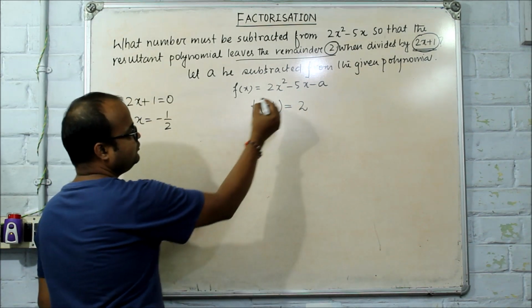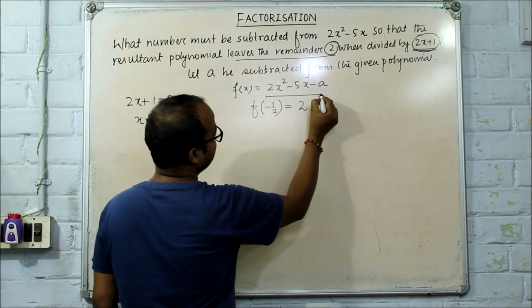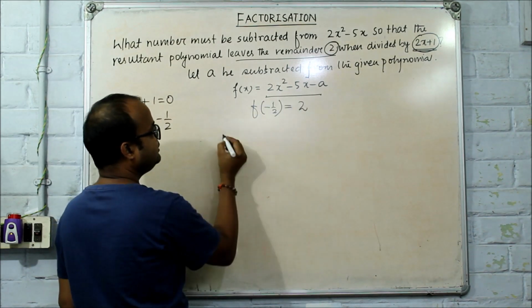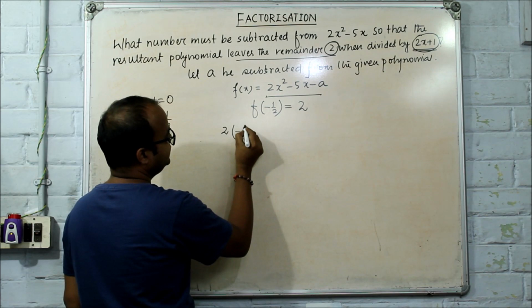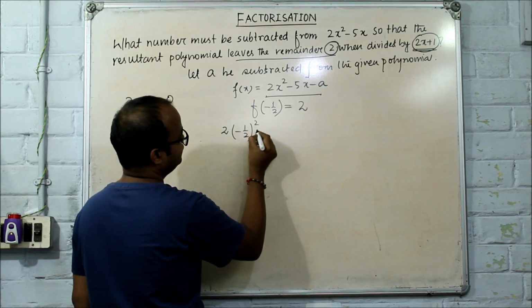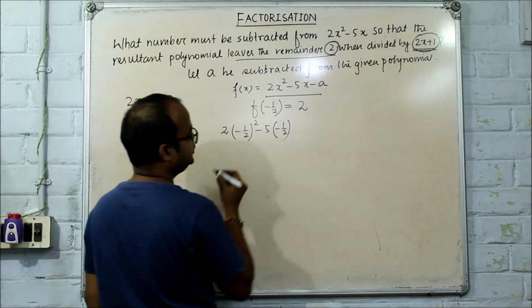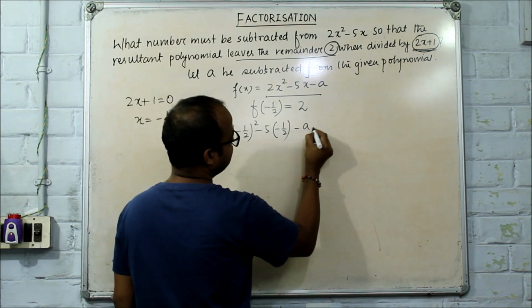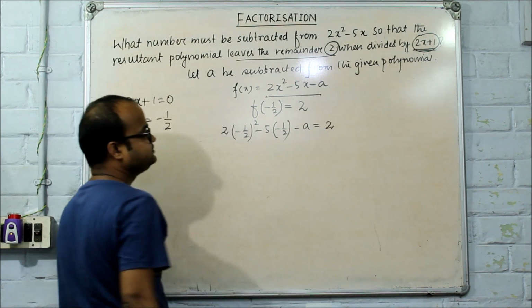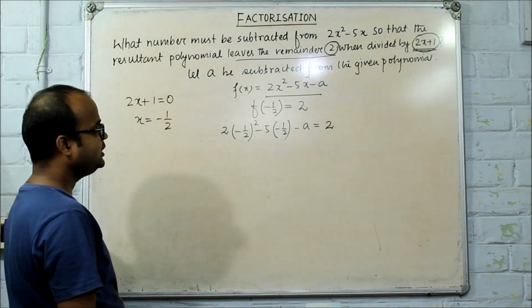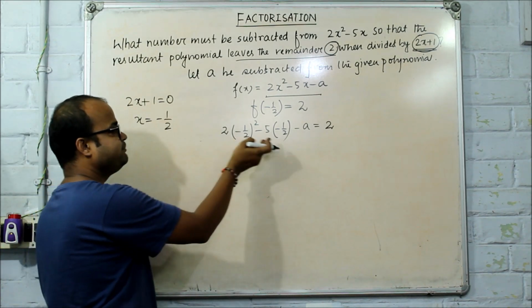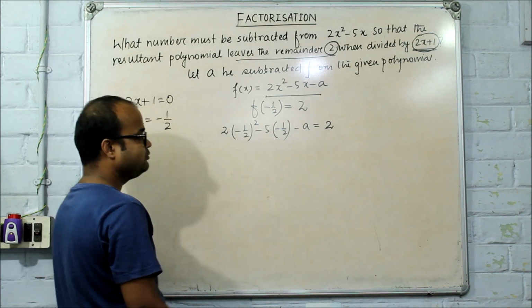So now we substitute x is equal to minus half in the given polynomial. So 2 into minus 1 by 2 square minus 5 into minus 1 by 2 minus a is equal to 2. Clear? So in place of x we replace minus 1 by 2.